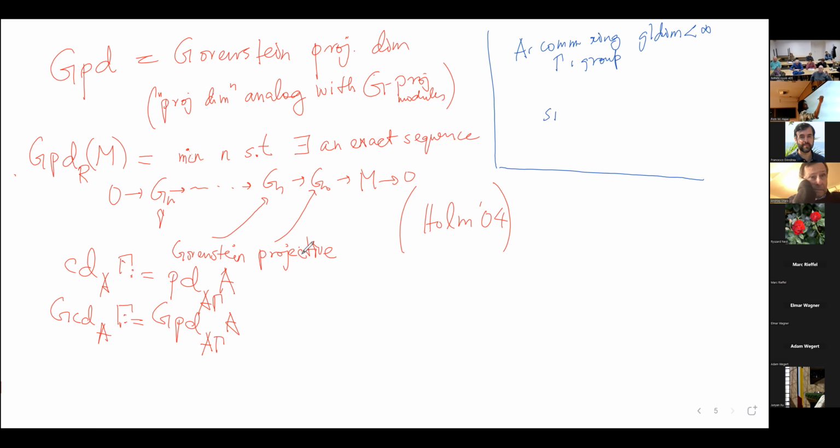Then Sylv and Splf are both bounded by the Gorenstein cohomological dimension plus the global dimension. This is a theorem of Emmanouil and Talelli from 2018.